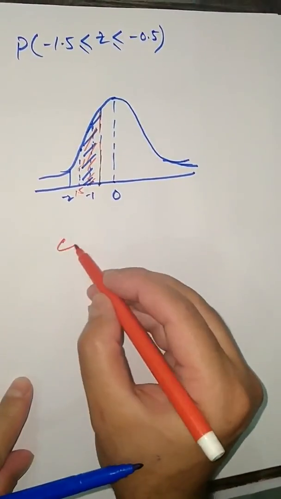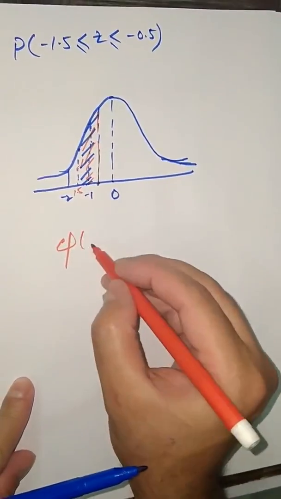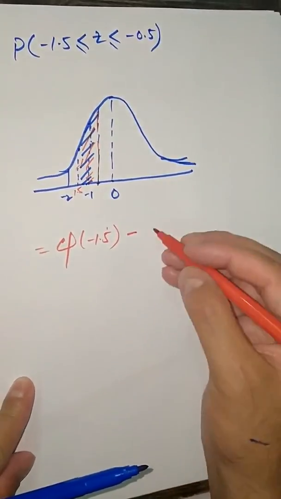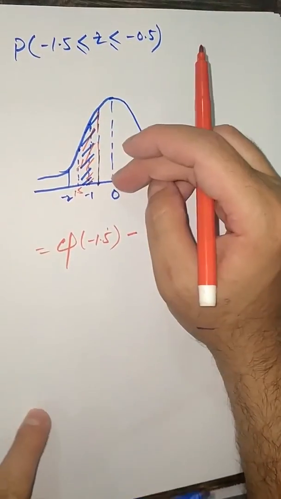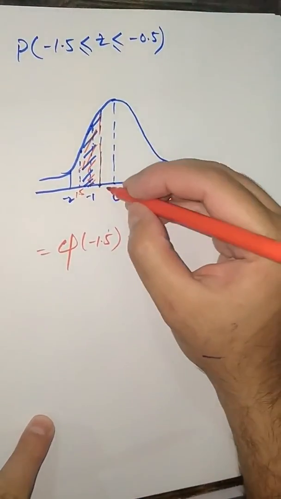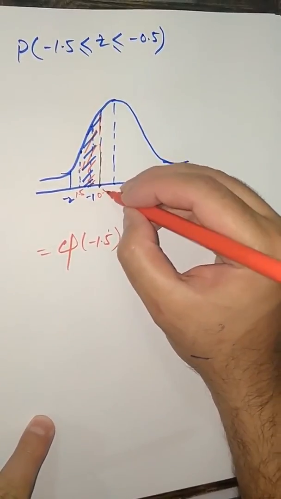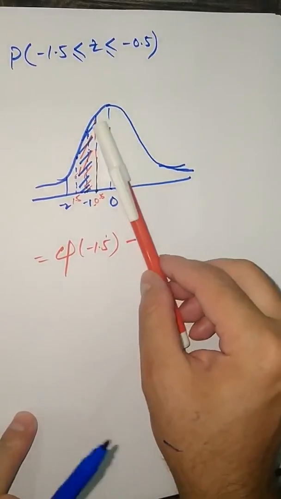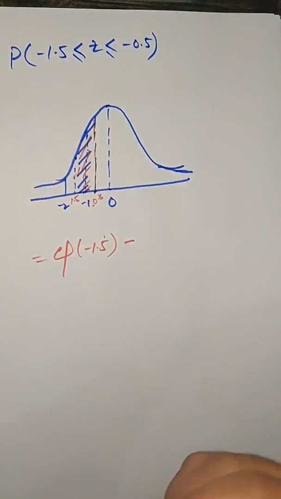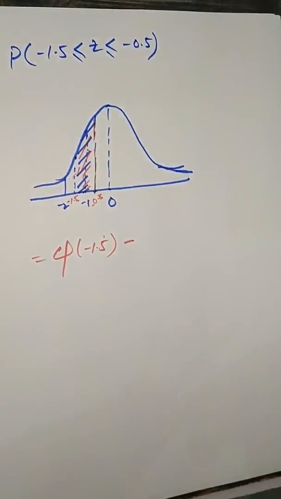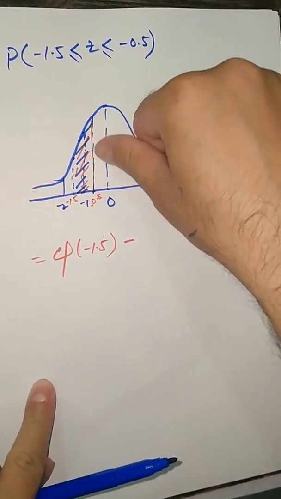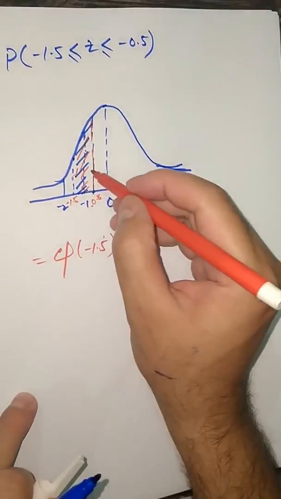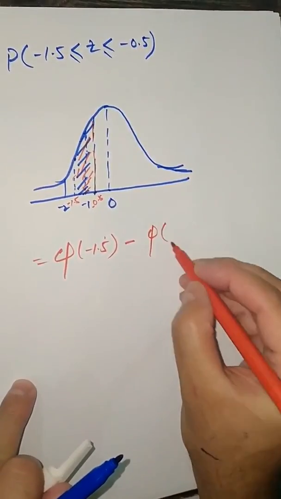So this is pi of minus 1.5 minus the probability up to minus 0.5. First I will calculate this whole region up to minus 1.5. Then I will subtract this region, so I will get this red area.